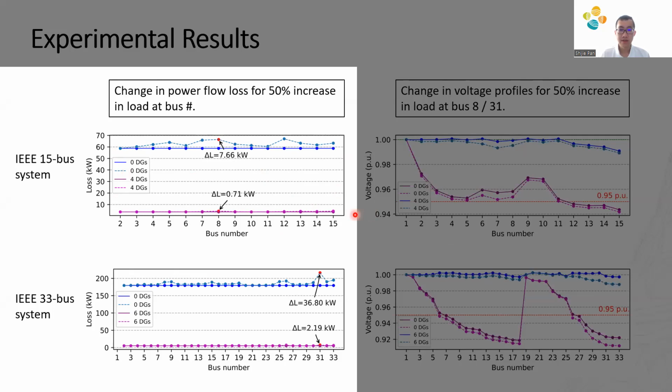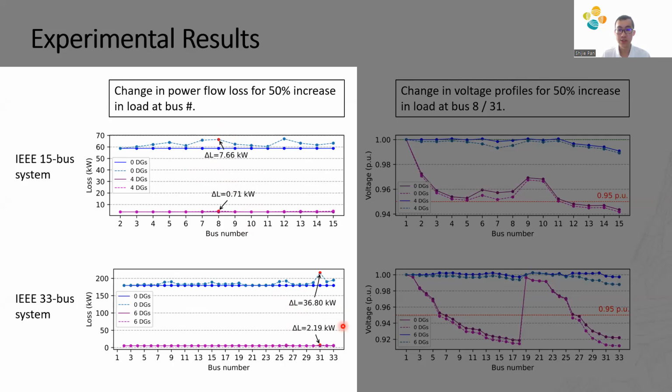As we can see, the variation in the power losses is sharply reduced. Before optimization, we have the biggest variation in power losses of around 7.6 kilowatts at bus 8 in the IEEE 15-bus system, but it is then reduced to 0.71 kilowatts after the optimization. And also we have from 36 kilowatts reduced to 2 kilowatts in the IEEE 33-bus system.